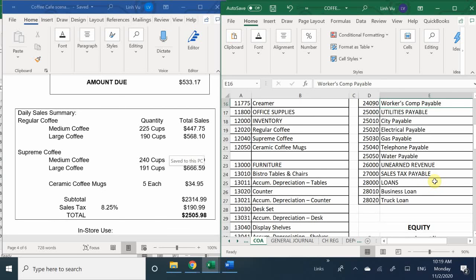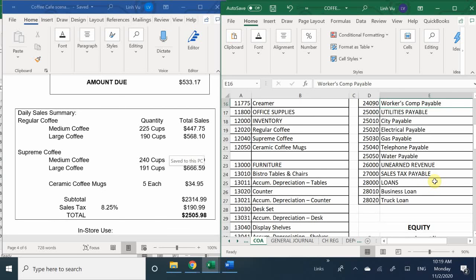If it's a payable, what does that make it? What type of account? I don't know.